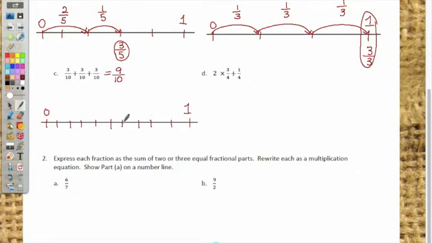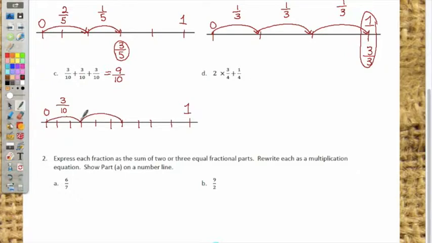Are you writing? Did you already do it? Okay. You can talk. All right. So 3/10. Watch me. If I count over 3 and then try and find 3 again, it's kind of hard. So I count over 3, then draw it back to 0. That's 3/10. Watch me one more time. 1, 2, 3.